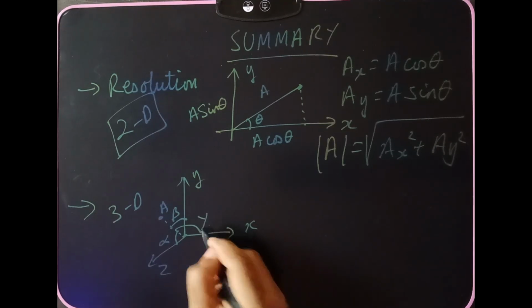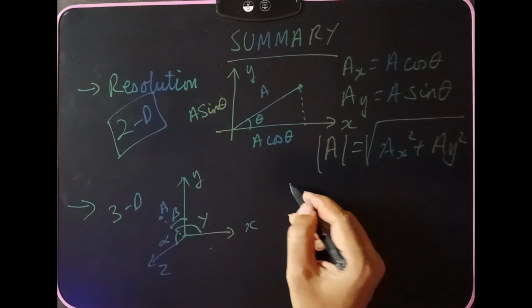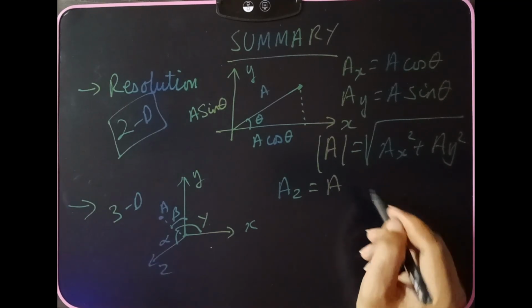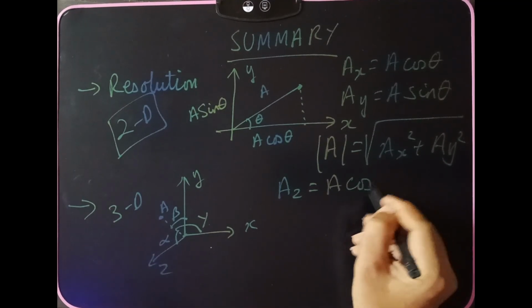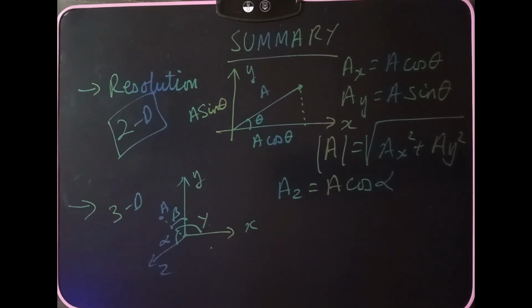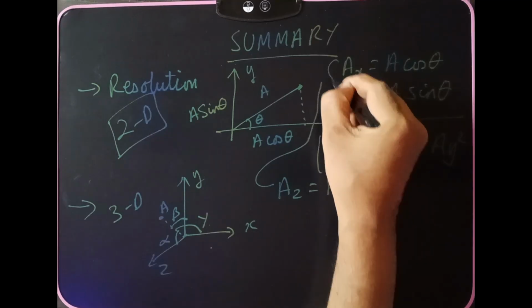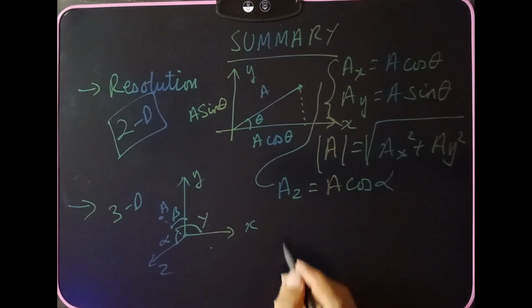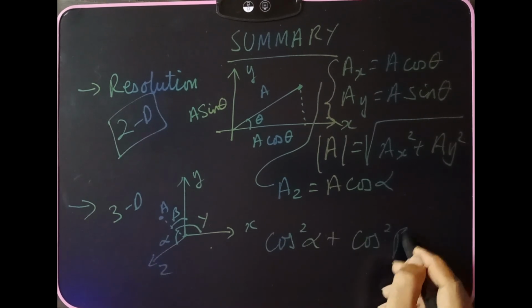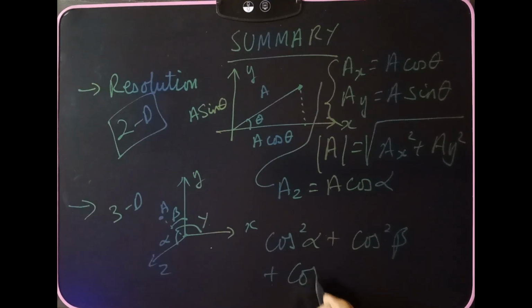So A along z can be resolved as A cos alpha. Likewise, it is given here for the y and x axes. And as per the cosine rule, cos square alpha plus cos square beta plus cos square gamma is equal to 1.